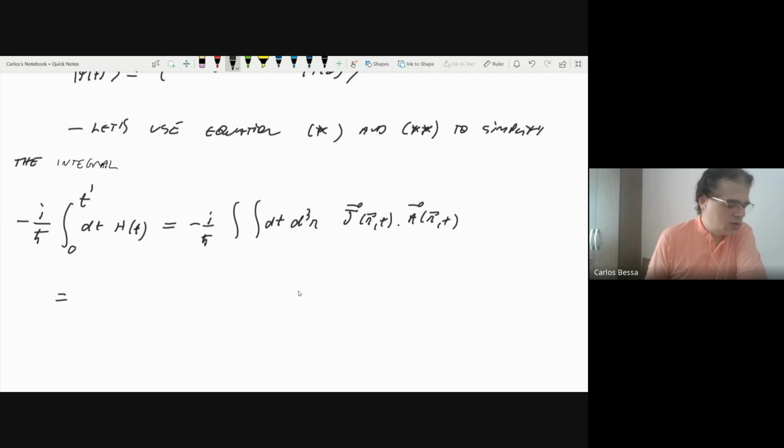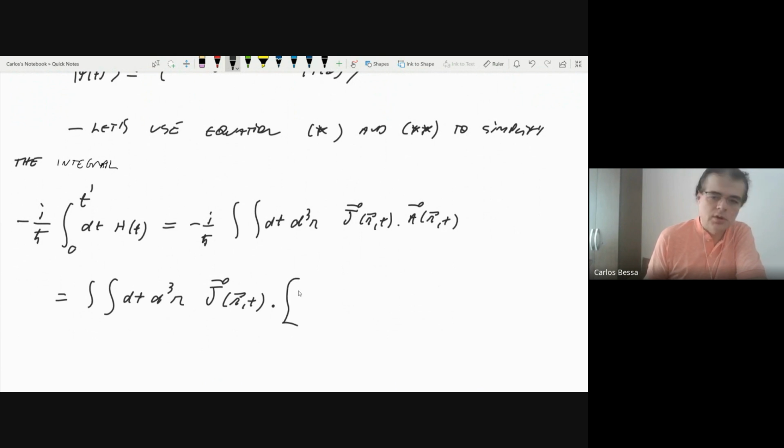So this will be just the integral dt d3r, j of r and t, times, so I will use the definition of the potential.